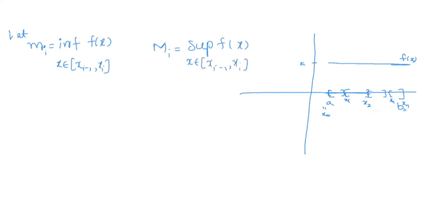Now consider any general interval. In this range, see what is the minimum value of f of x and what is the maximum value of f of x. That will give you small mi and capital Mi. Small mi is the infimum, that is, the minimum value of all these f of x values, and capital Mi is the maximum value.